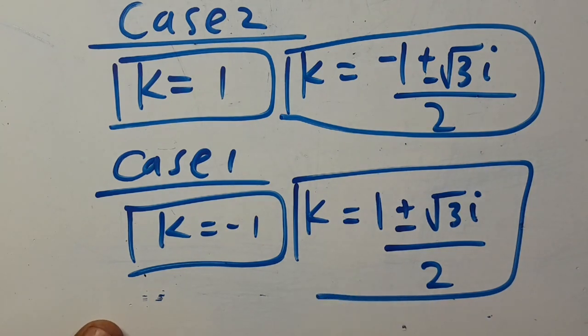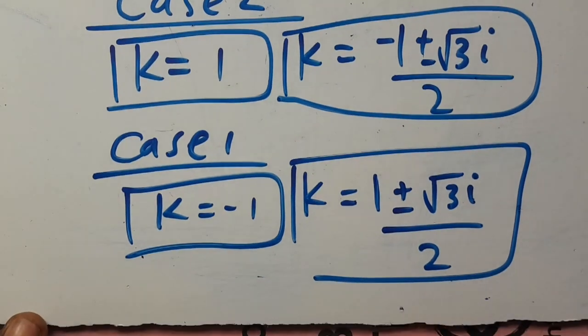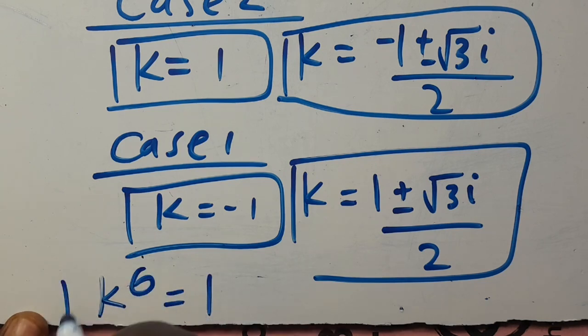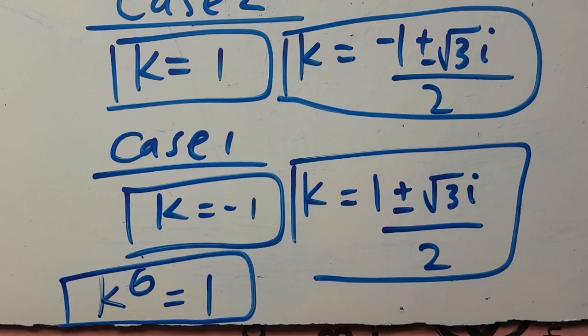We have 6 solutions. Why? Because we have the problem to be power 6, k to the power of 6 equals 1. And that is why you cannot decide that you want to look for the only real solution, because it's not specified in the given problem.